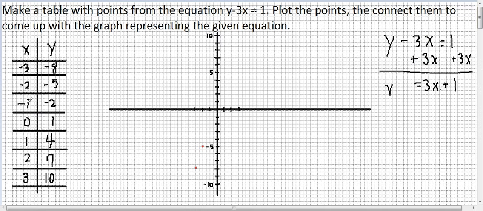The next point is (minus 1, minus 2). The next point is (0, 1). Then we have (1, 4). Then (2, 7), and (3, 10).